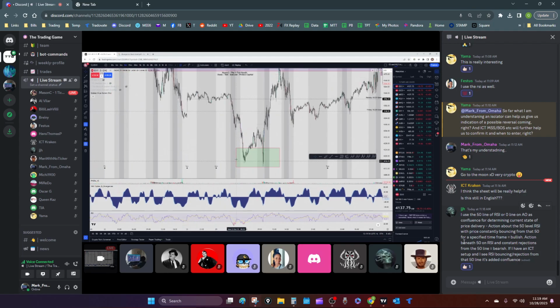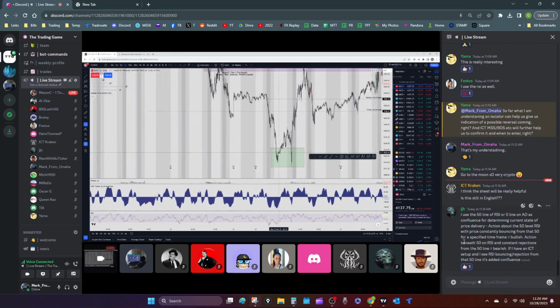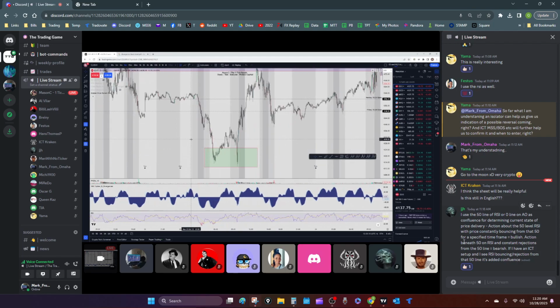I can't remember. It's a long time back, and we had not come and tested this price point at any time before this. So this was a huge fair value gap from previous support when we had the pump up to recent market highs. Right after London, price had come into this area and made a bounce and came back up, and we were starting to curl back over.